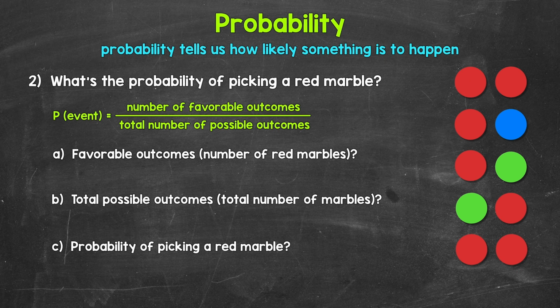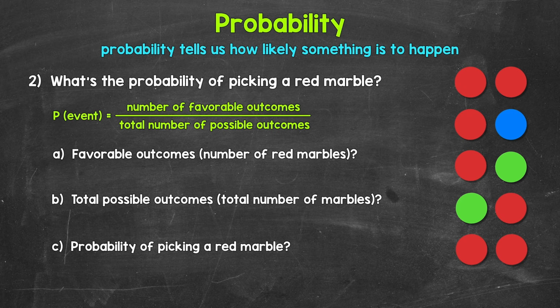Taking a look at number 2, we have what's the probability of picking a red marble? So let's say we have all of these marbles in a bowl and we randomly select one without looking. So each marble has an equal chance of being selected. What's the probability we pick a red marble?